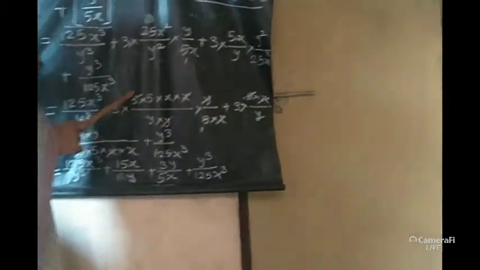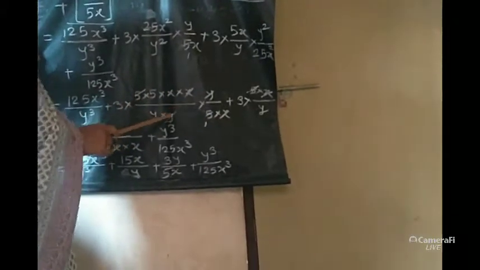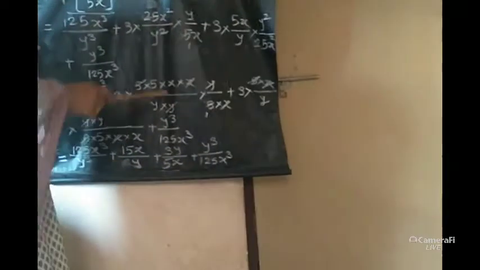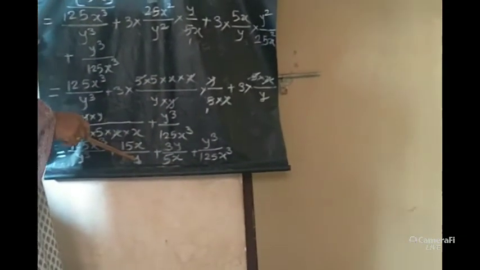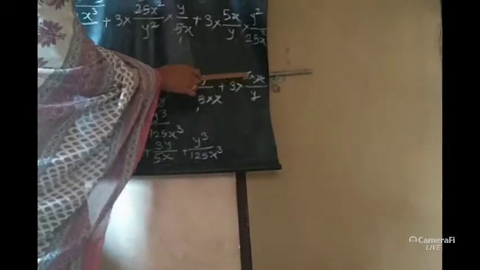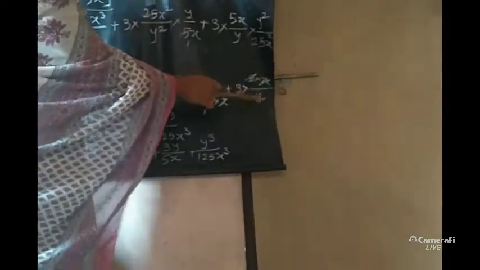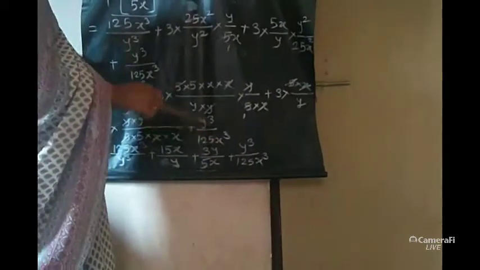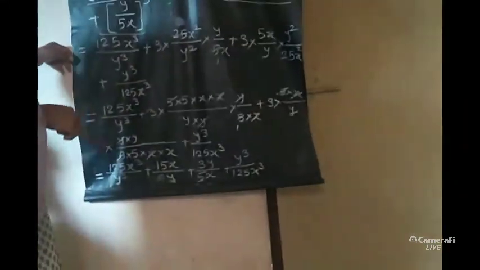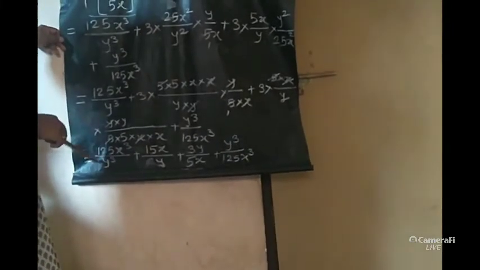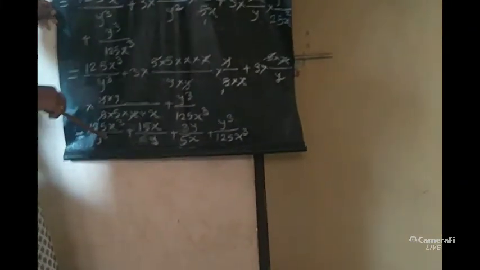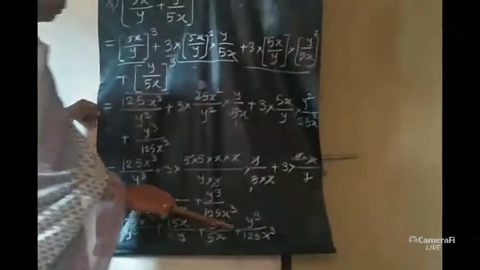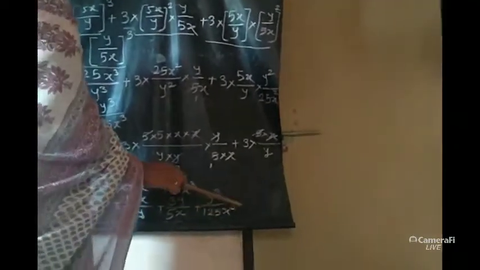Here 5 from numerator and denominator cancel each other, y terms cancel, then x terms cancel. Only 15x/y remains. In the third term, 5 cancels, y cancels, x cancels, and the result is 3y/5x. Therefore, after completing the given operations, the final answer is 125x³/y³ + 15x/y + 3y/5x + y³/125x³.